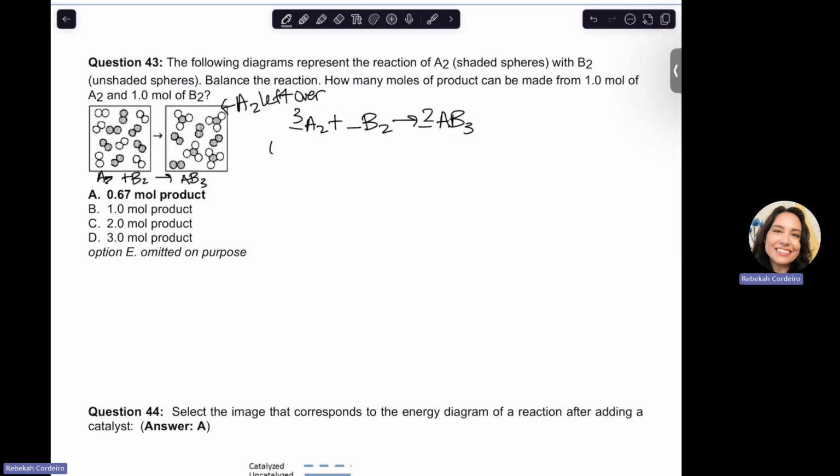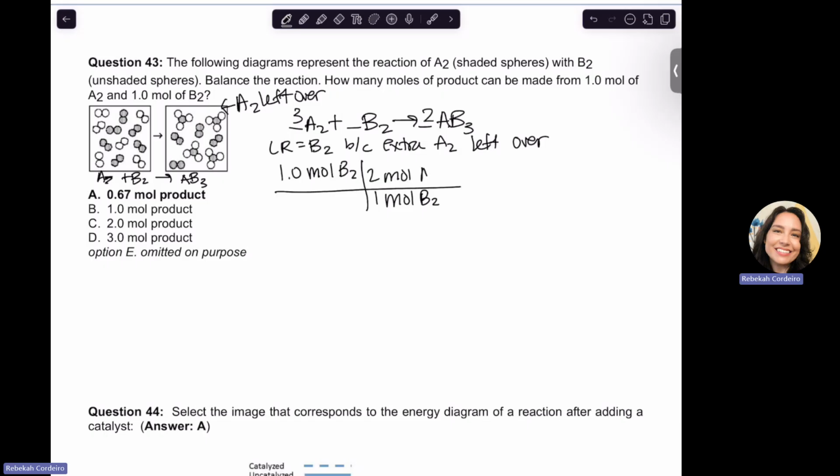And then we know our limiting reactant is B2 because we have extra A2 left over, since A2 is a shaded sphere. So I don't even need to consider the A2 in the math. I only do math with my limiting reactant. So I have 1 mole of B2. It says how much product can I make?